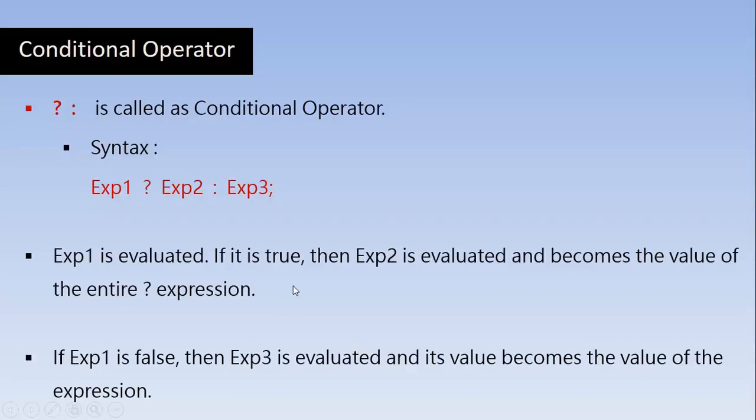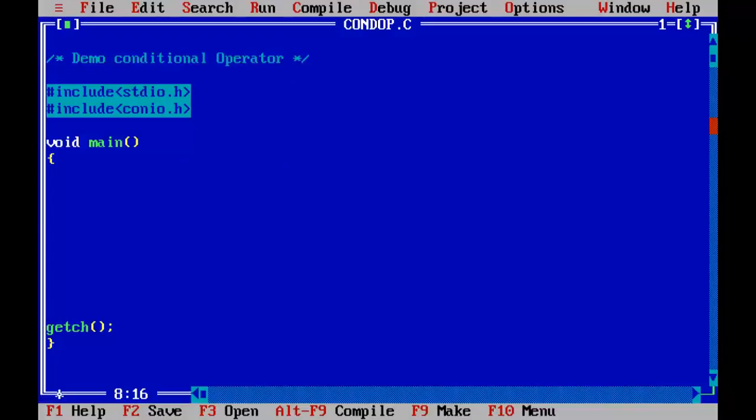So now I'll show you the conditional operator with an example. In this program, again I'm going to check for the biggest of two numbers using the conditional operator. First I'll use two variables, num1 which has the value 10 and num2 which will hold the number 20.